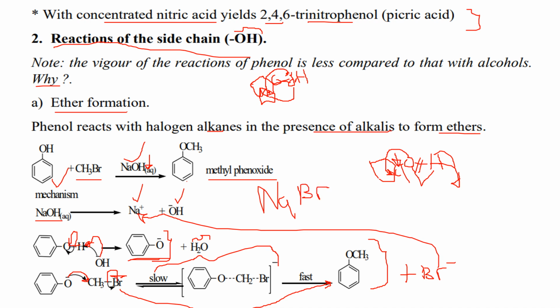So in this reaction, you have seen that you're going to form methyl phenoxide, you're going to form sodium bromide, and you're also going to form water. So there are 3 products. So if such a question is set in your paper 1 chemistry, you are supposed to present all those 3 products so that you can get all the marks.